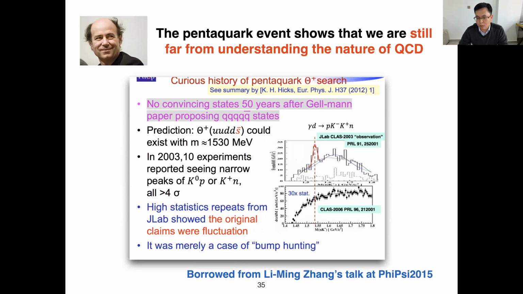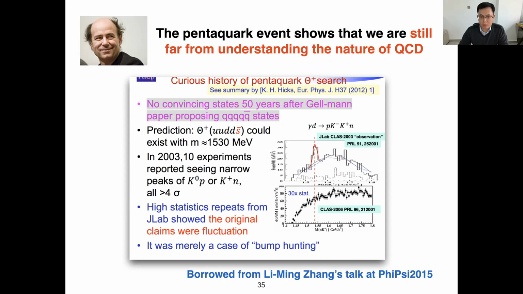We know that in 2005, the pentaquark Theta+ was reported by an experiment. Later, according to high precision data, the JLab experiment said that they did not find this peak in the nK invariant mass spectrum.